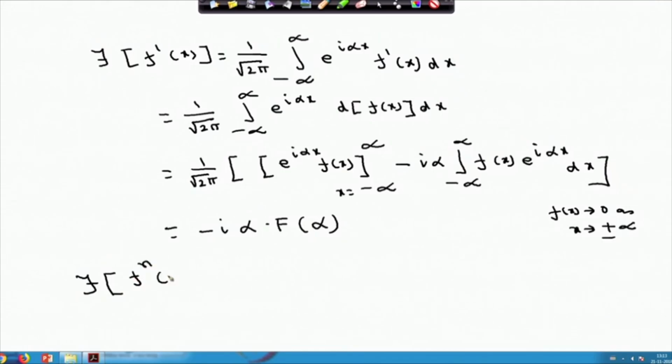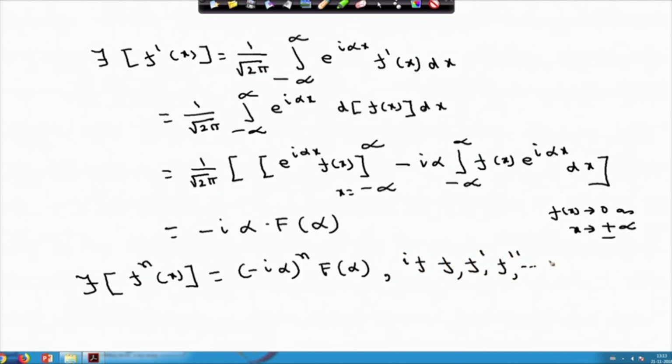The Fourier transform of the nth derivative of the function: if I know the Fourier transform of f(x), then the Fourier transform of the nth derivative I can show is simply (minus i alpha) to the power n into F(alpha). Obviously, this holds if f', f'', and so on up to the (n minus 1)th derivative approach 0 as x approaches plus or minus infinity.